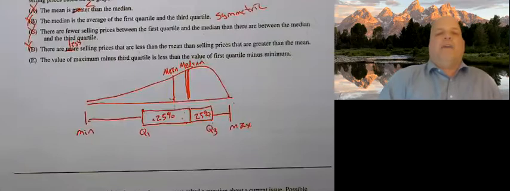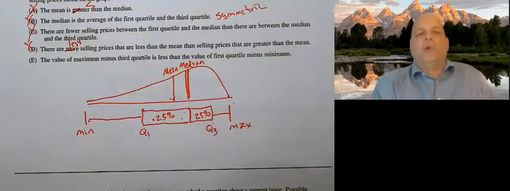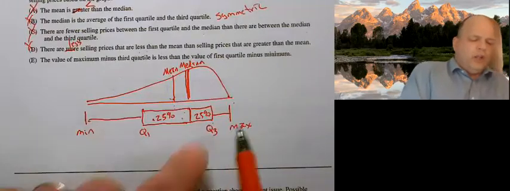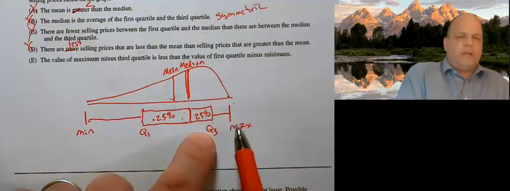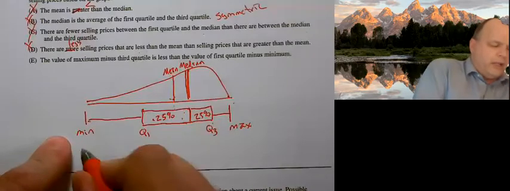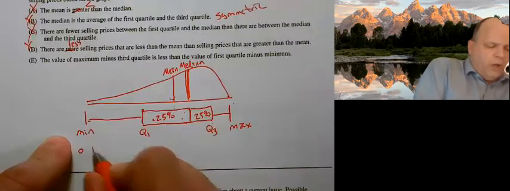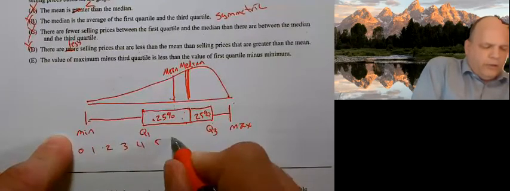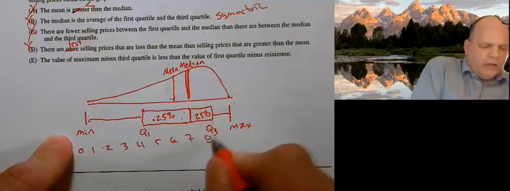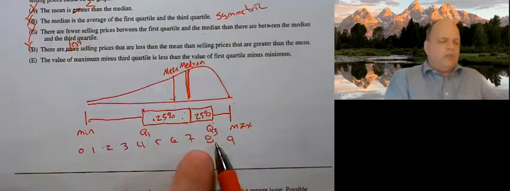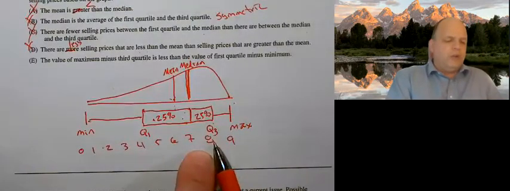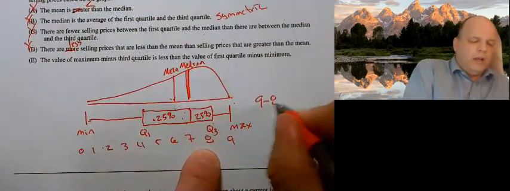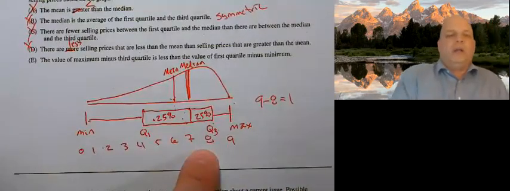Then they talk about the value of the maximum minus the third quartile being less than the first quartile minus the minimum value. Well, I can look at the distance and say this should be different, but maybe it'll help if I put a number line. So 0, 1, 2, 3, 4, 5, 6, 7, 8, and 9. In this case, the distance between the max and Q3 is 9 minus 8, which happens to equal 1.